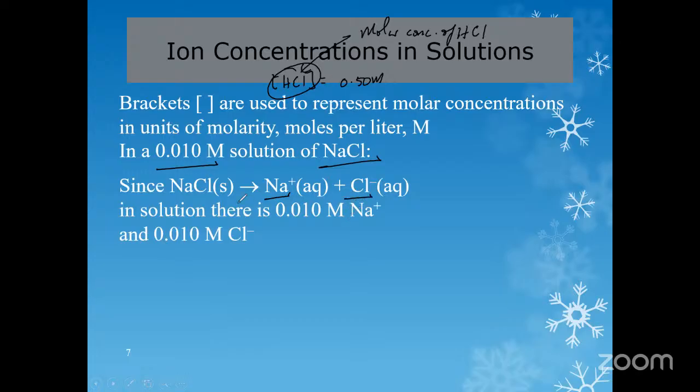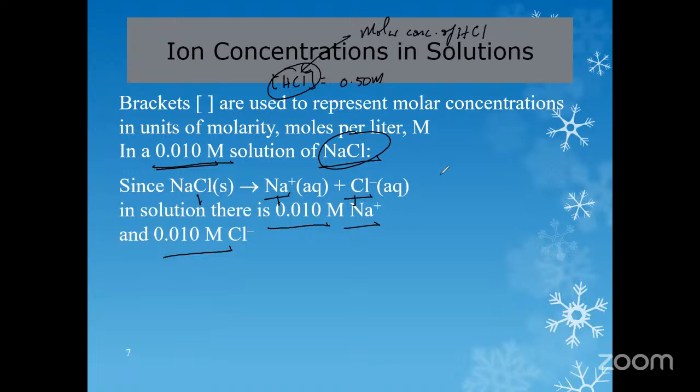So basically, if you look at the stoichiometry of this equation, it's a 1:1:1 mole ratio between the sodium chloride that you start off with, the sodium ions and the chloride ions, right? So based on the stoichiometry of this equation, we can come to the conclusion that in a solution where you start off with 0.010 M of the intact sodium chloride, the resulting solution would have a molarity of 0.010 M with respect to the sodium ions and 0.010 M with respect to the chloride ions.